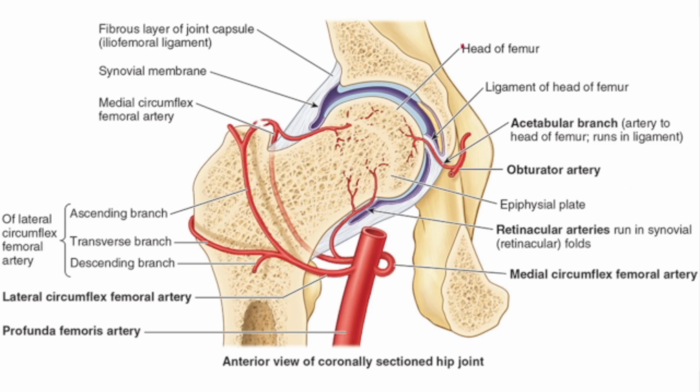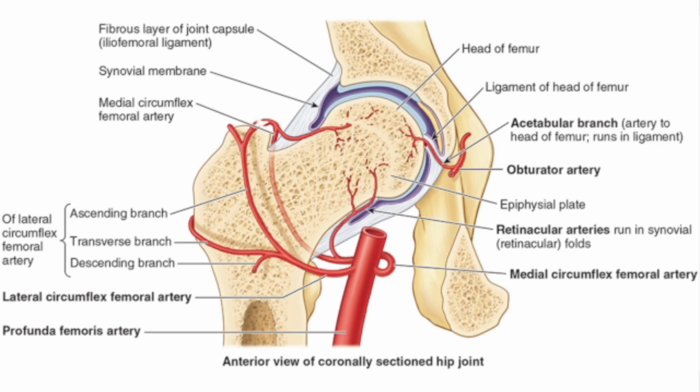So the femoral artery comes down in front of the hip, as we saw on the previous slide. Some important branches include the medial and lateral circumflex, which wrap around the head and neck of the femur and the trochanters. But perhaps more importantly is this little obturator artery and the branch here, the artery to the head of the femur, which is super important.